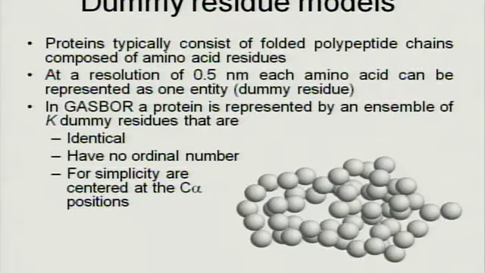So this is another type of a priori information, like the number of residues in the protein, that can be used to create an ab initio model, which is, however, slightly more detailed than the dummy atom modeling approach.